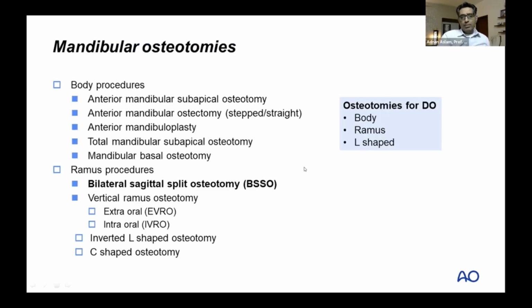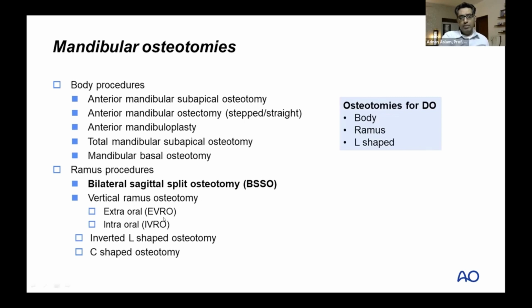So when we talk about the mandibular osteotomies, there are procedures that you can do on the body, and there are procedures that you can do on the ramus. And then obviously these are the one-time orthognathic procedures, but if you have to put in a distractor, you also would need to do an osteotomy, which you can do on the body or the ramus, or make this into an L-shaped osteotomy on the ramus, and we'll talk about that briefly too in a little while.